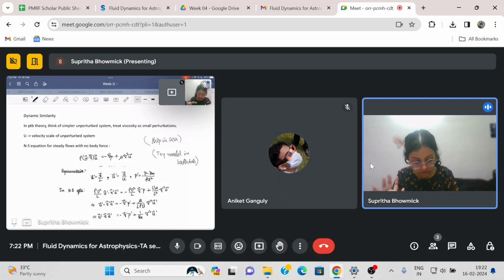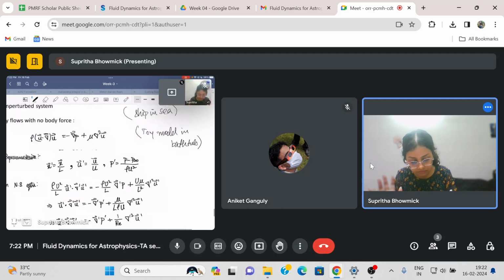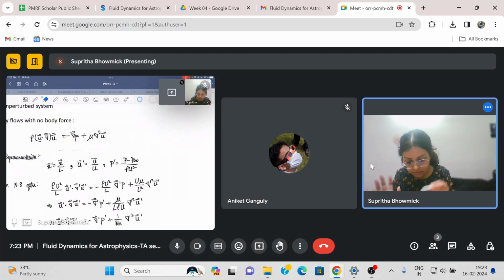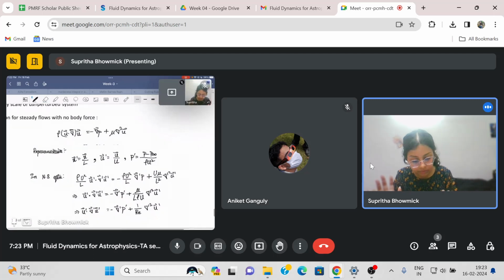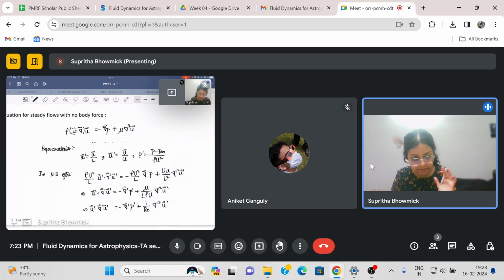Okay, in case it is not very clear how it can be done, let me do it once. So what we are doing is we have redefined x, u, and p to x prime, u prime, and p prime. And now we want to rederive this equation in terms of x prime, u prime, and p prime. Okay.